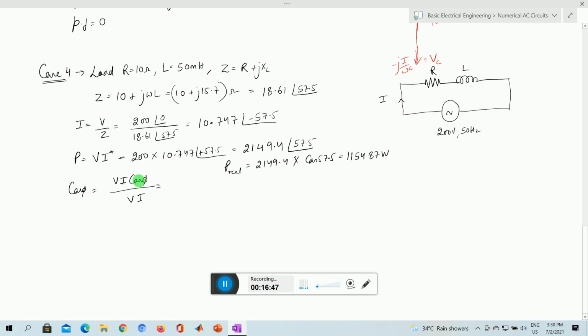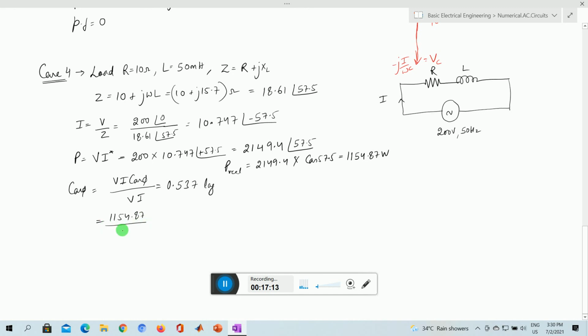Or you can simply find cos of 57.5, that is 0.537. So for an inductive load, the power factor is lagging.